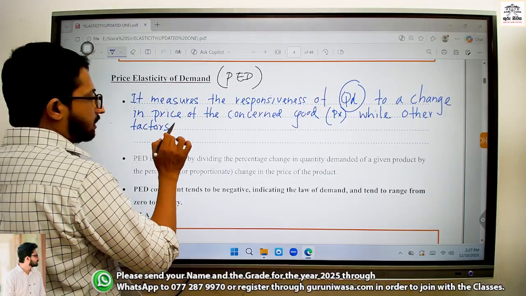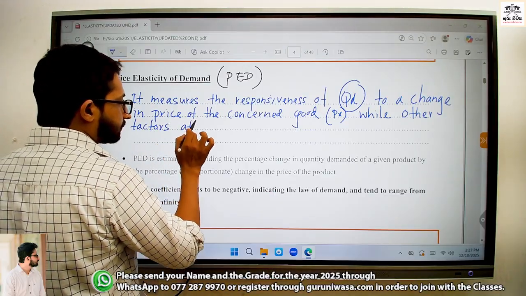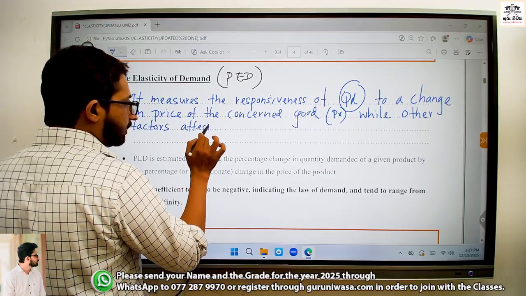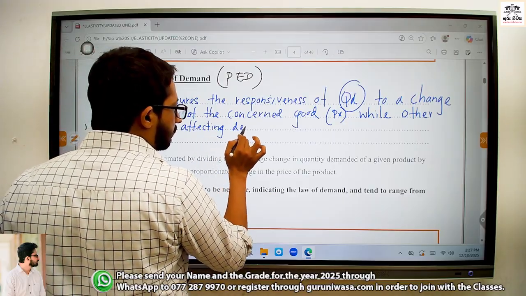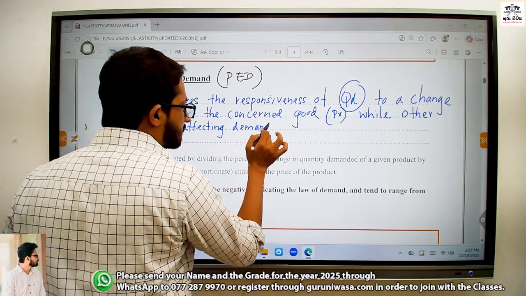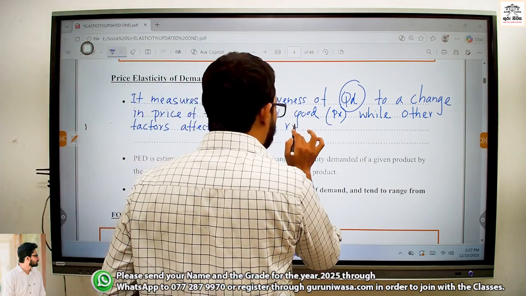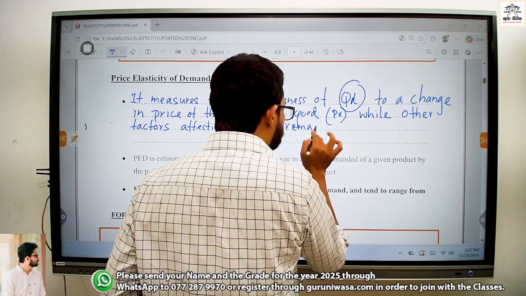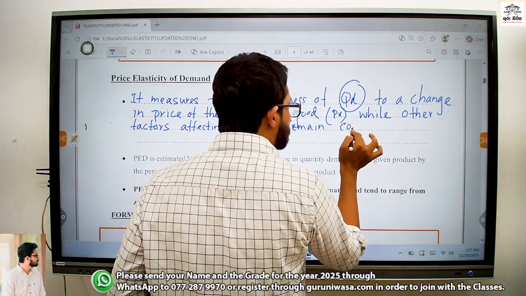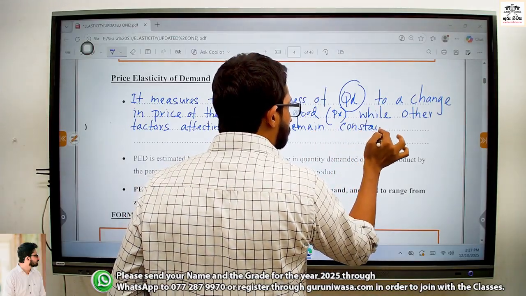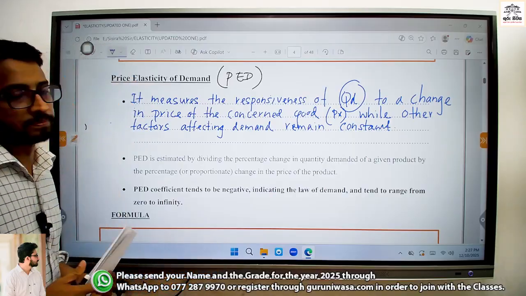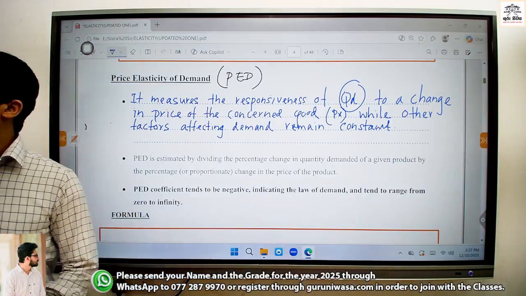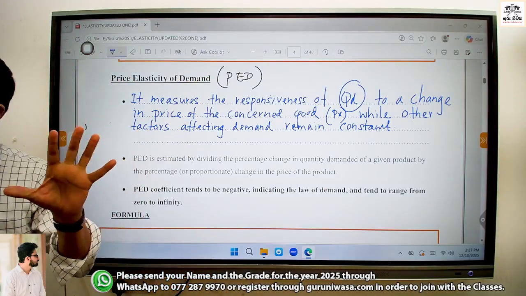Other factors affecting demand remain constant.